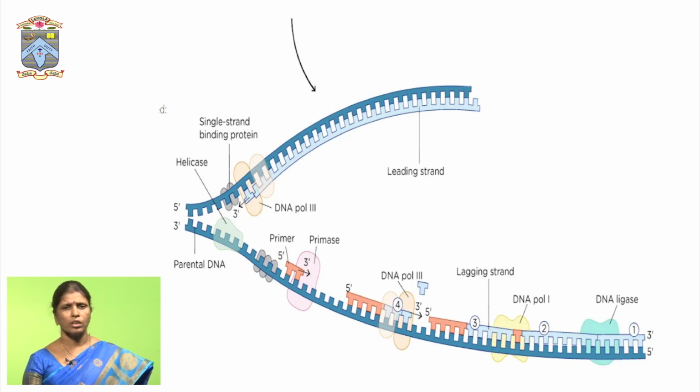That is why RNA primase begins the replication and it synthesizes the small strand of RNA primer. And this synthesis continues in the direction of 5' end to 3' end, because the DNA polymerase enzyme always requires a free OH group at the 3' end of the molecule.